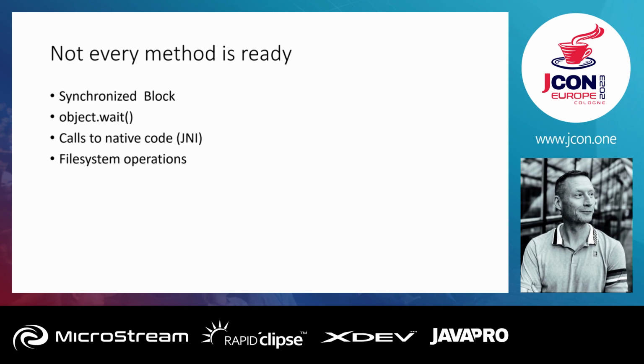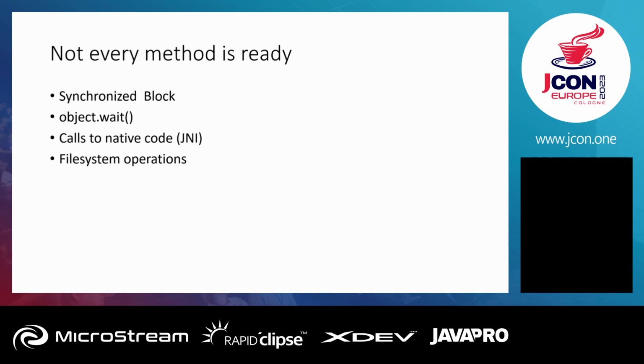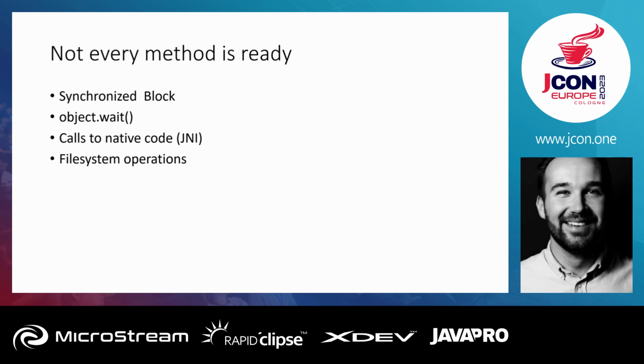When it pins, it won't be unmounted from the carrier thread. So when I make a call to a synchronized block, my virtual thread is pinned, it won't move from my carrier thread, and another can't take its place. So if you are encountering pinned virtual threads, it may harm the scalability of these virtual threads.